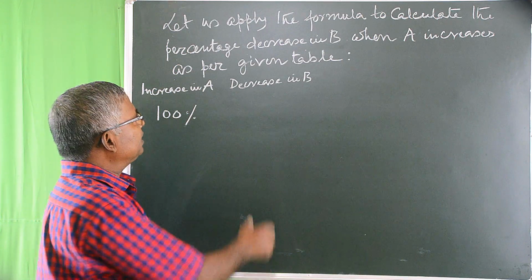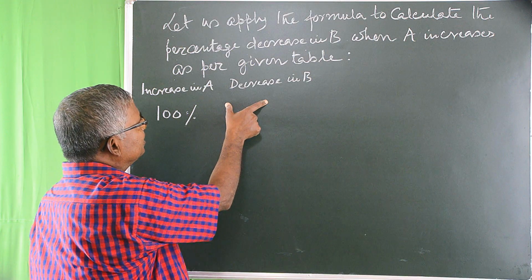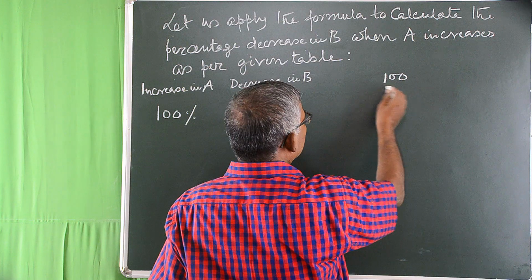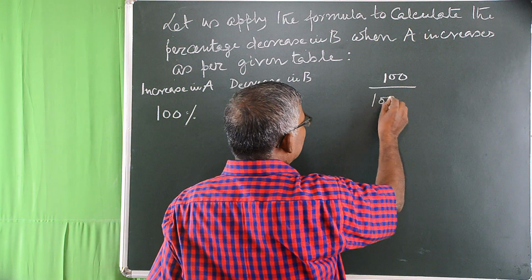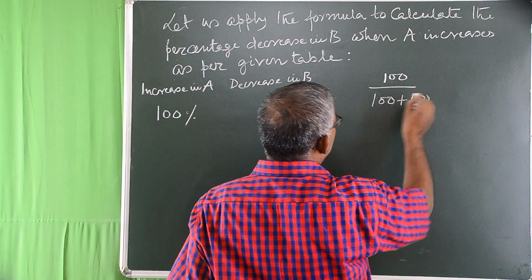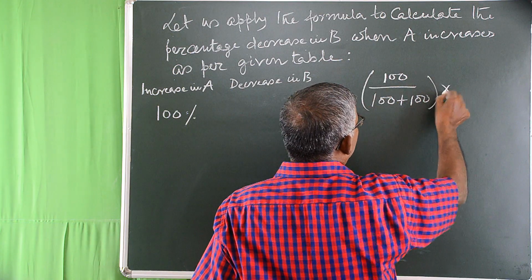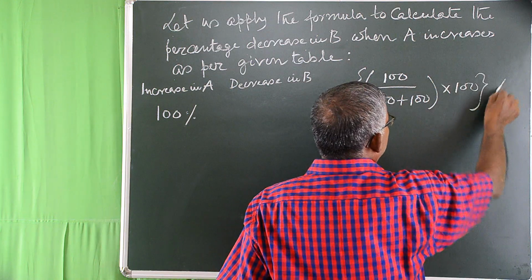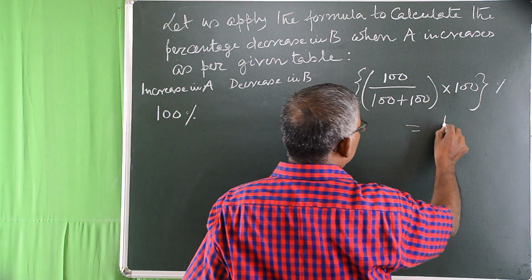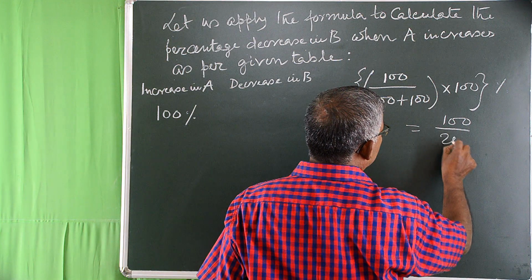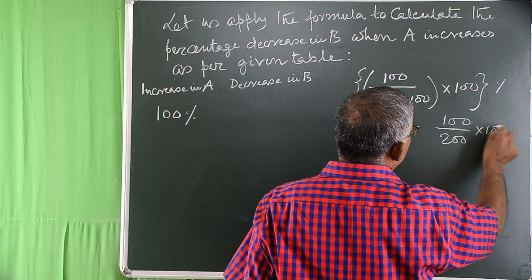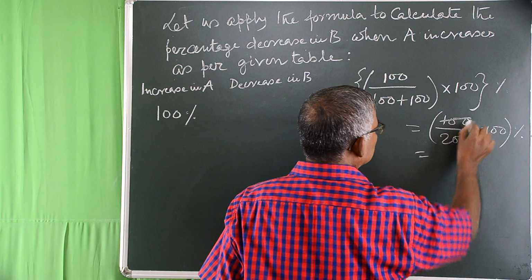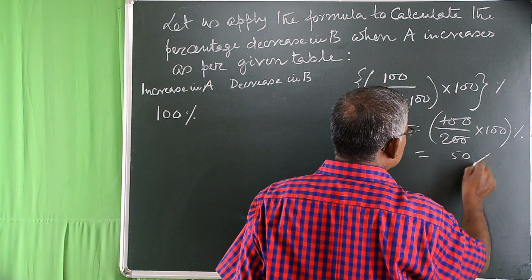Then we have to calculate percentage decrease in B. Hence the formula is 100 by 100 plus 100 into 100% equals 100 by 200 into 100% equal to 50%.